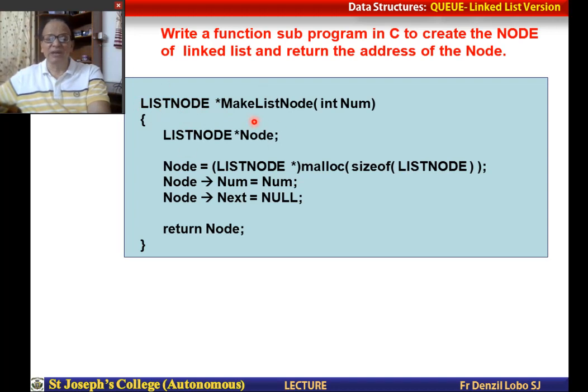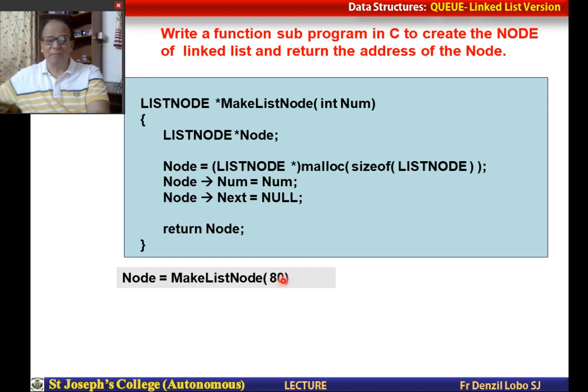So this is the local variable. Then you allocate memory equal to list node, so pointer, and then assign this number to number, and next is equal to null. And I say at the end, return node. This is important. I'm returning node, which means I'm returning the address of this node which contains number and which points to null.